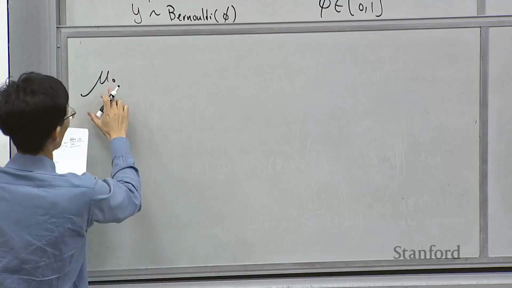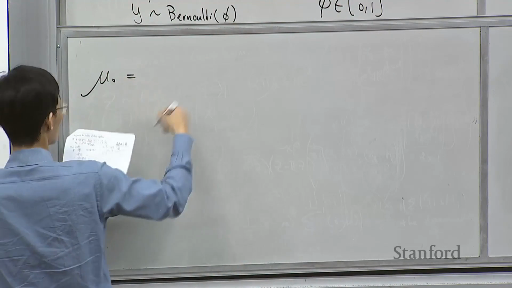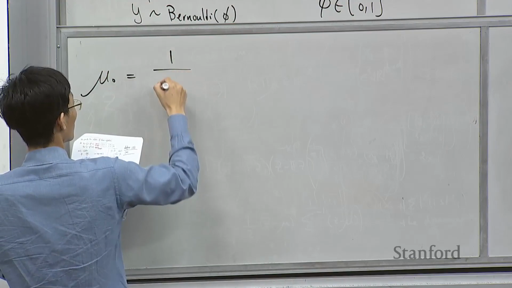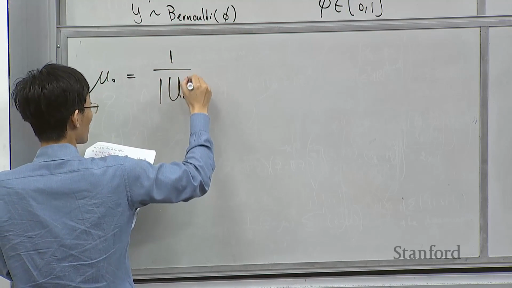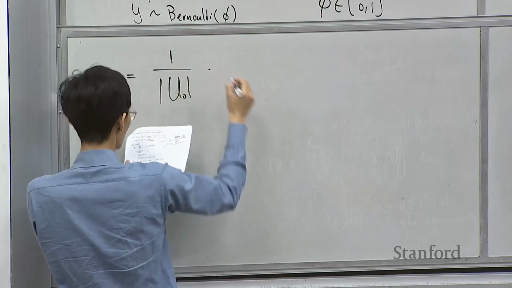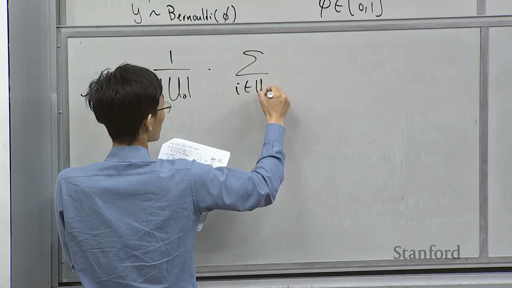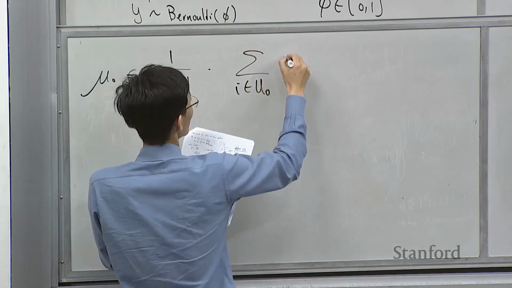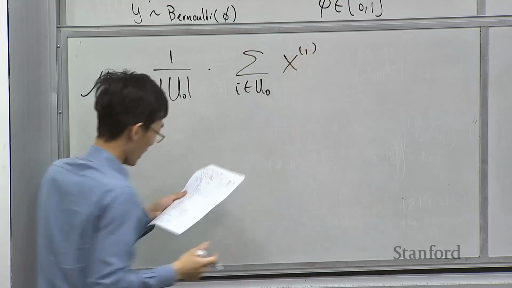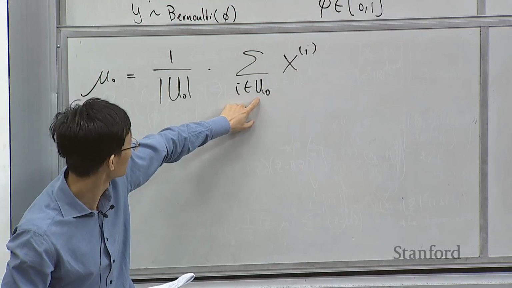This is the MLE for the parameter mu0. It equals 1 over u0, the number of negative examples, times the sum of all the xi's in the set u0.